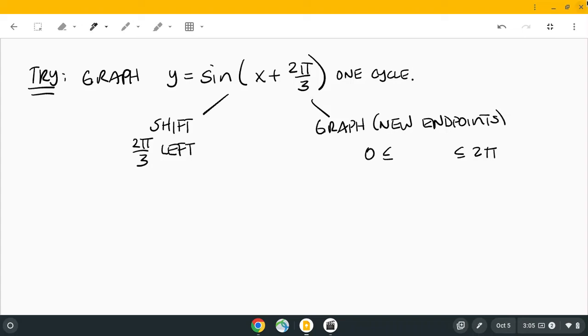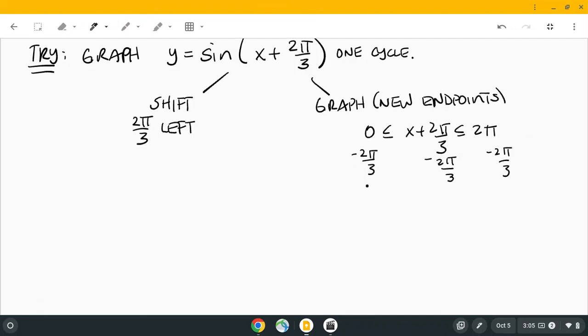Okay. All right. So x plus 2 pi over 3. I'm going to subtract 2 pi over 3 to find out where my new endpoints are. So we're not going to get a sine graph from 0 to 2 pi. We're going to get it from negative 2 pi over 3 to 4 pi over 3.